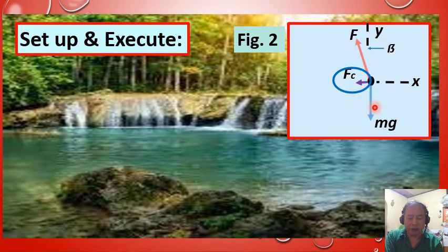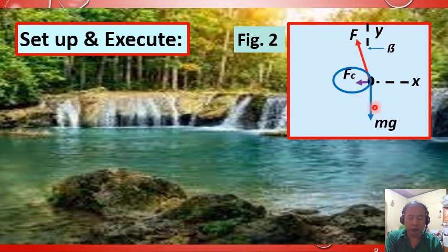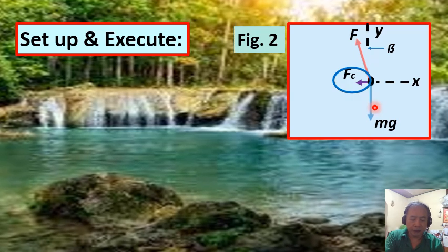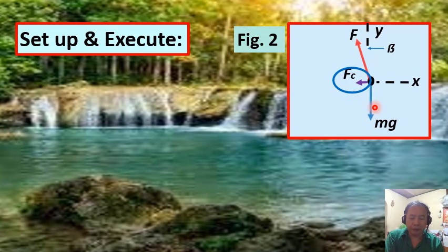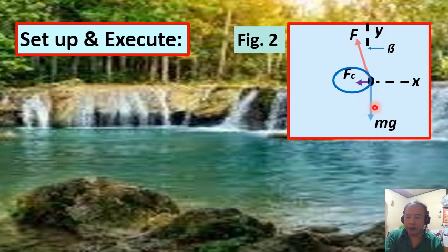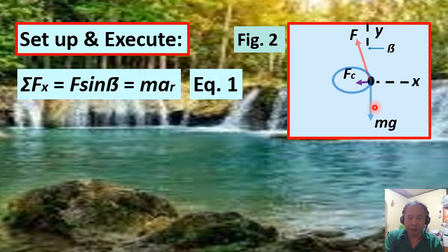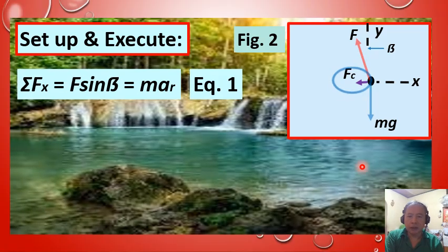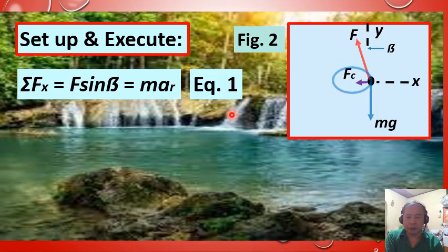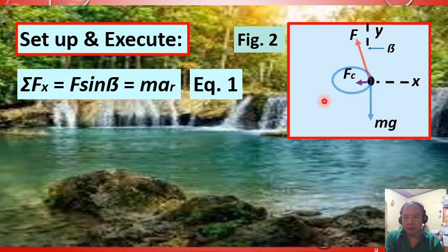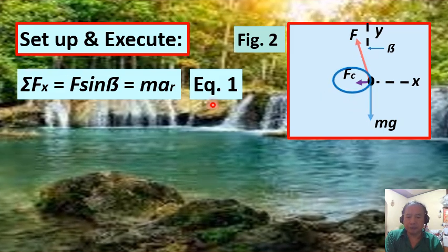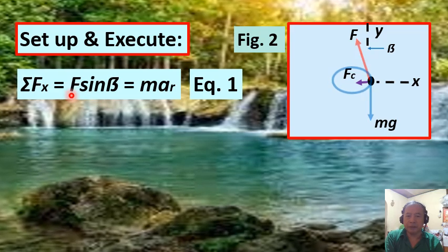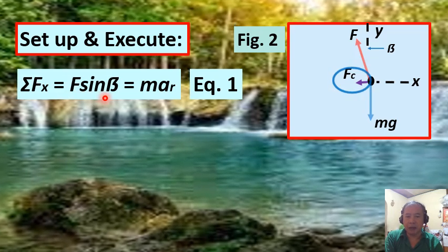And the only force acting on the bulb along the horizontal is the x component of the tension force F. And this x component of the tension force F is expressed as the product of the force F and the sine of the angle beta.